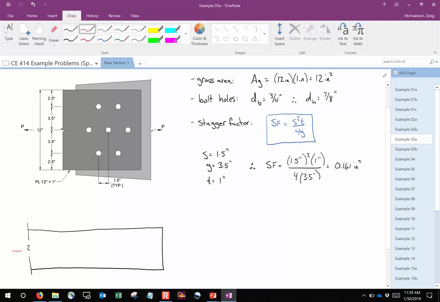All right. Okay, so I'm going to sort of redraw the connection down here just because it's a little dark here on the screen. You all don't necessarily have to do that. And I'm also not drawing it to really any significant scale. I'm just sort of redrawing the bolt pattern. So we have that, we have that, that.